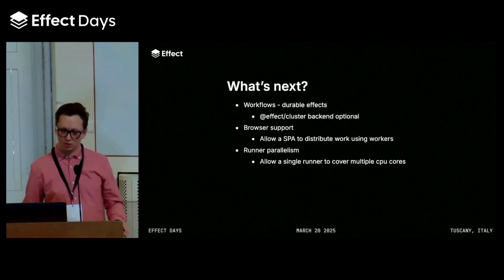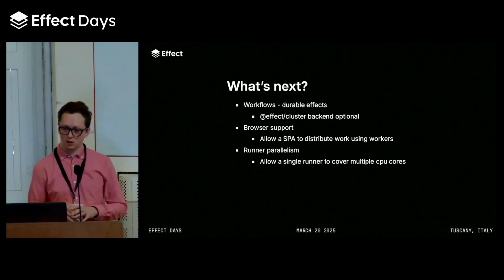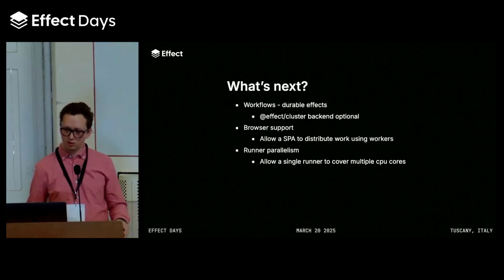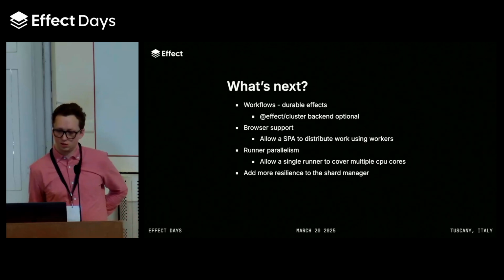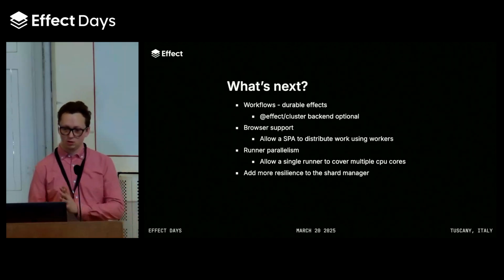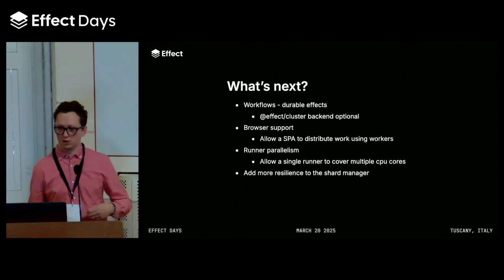Another thing we want to look at is runner parallelism. Node.js is single threaded, so we need to make sure that if your machine has 4 CPU cores, each one of those cores is being used. We also want to add more resilience to the shard manager. Right now you only have 1 shard manager, but we might look at something like leader elections, so you could have 3 shard managers, and if one of them goes down, another one is elected.